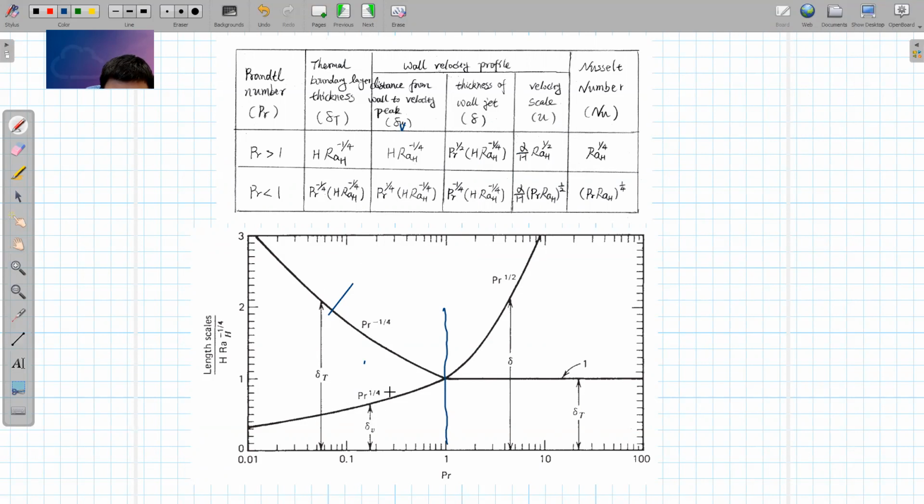And this term tells you what the delta V value will be. When the Prandtl number is larger than 1, this curve tells you what the velocity boundary layer thickness will be, and this term tells you what the thermal boundary layer thickness will be. And the y coordinate is H times the Rayleigh number to the power of minus 0.25. So this is a summarization of the result.